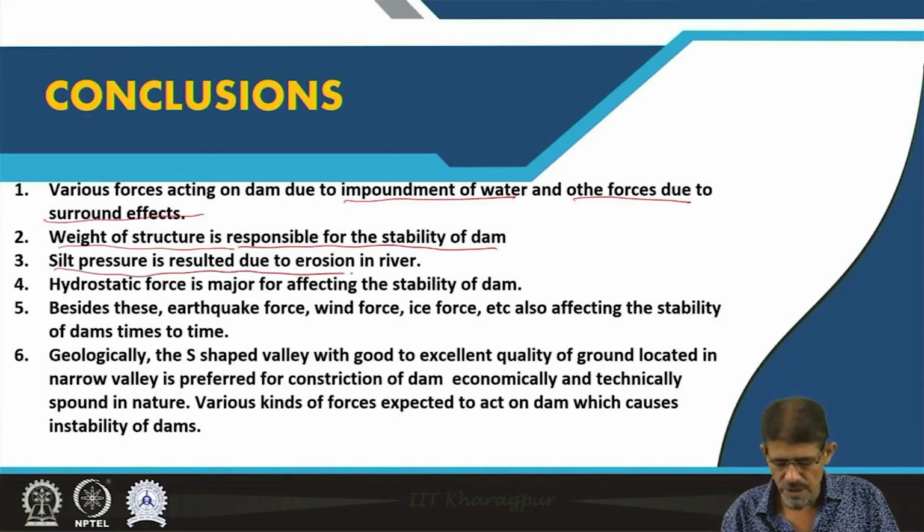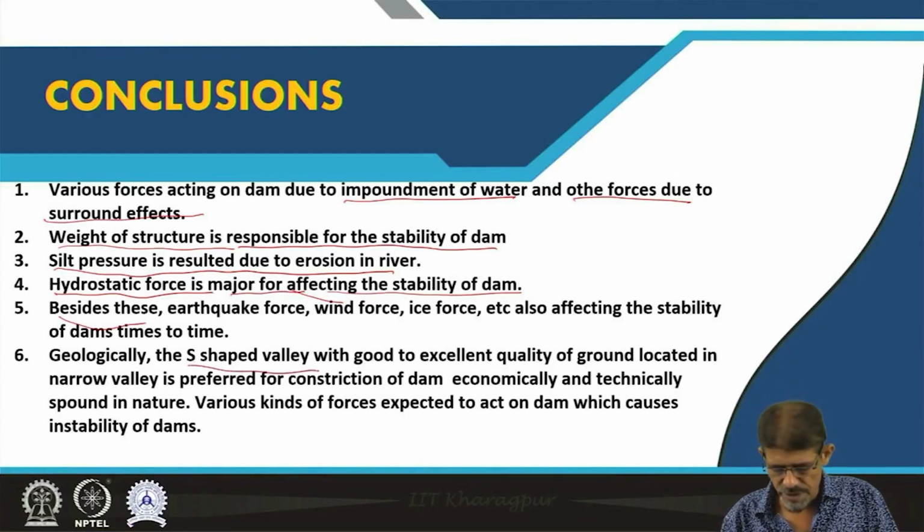Silt pressure is due to erosion; we are going to neglect it because on the other side it is going to help. Hydrodynamic force is a major force affecting the stability of the dam. Besides this, earthquake pressure, wave pressure and ice pressure are going to disturb the stability of the dam.